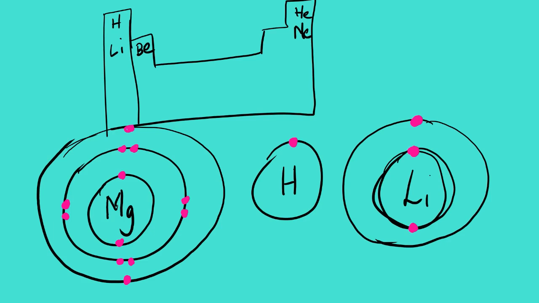When we talk about valence electrons, we are talking about the electrons on the outermost energy level. So looking at hydrogen, when we draw the Lewis structure of hydrogen, we only consider the valence electrons. Hydrogen only has 1 electron on the outermost energy level, so its Lewis structure will be like this.